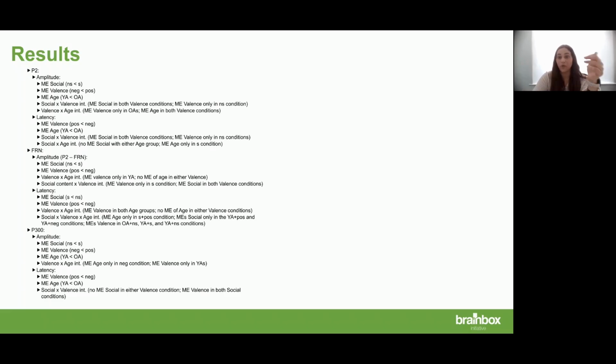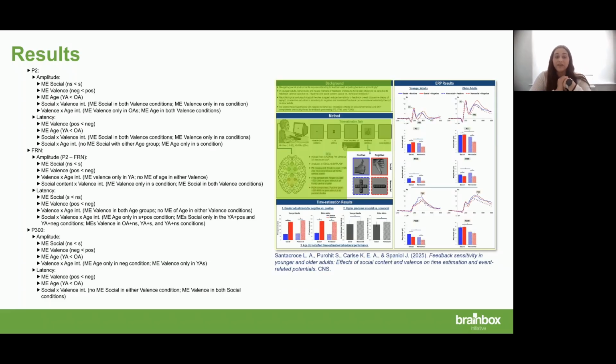I also had separate older and younger adult graphs for different measures of the behavioral data. So all of this means that I started with a total of around 20 graphs and a ton of result information that needed to fit onto one poster. So I had to think about what was most important to include here. I ended up removing the latency graphs altogether because the results, as they related to age group, didn't add much to my overall story.